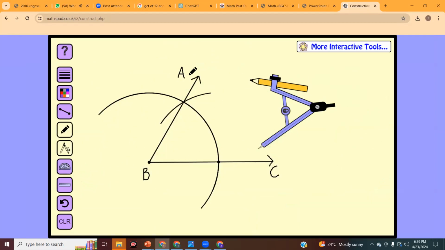All right. So we have angle ABC. Casey, I need you to explain how we got angle ABC. Explain that. How we constructed it, Casey.